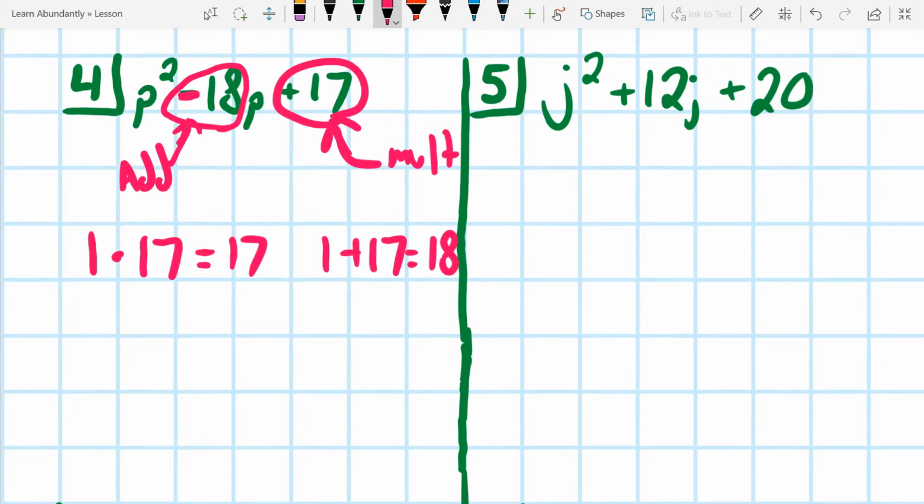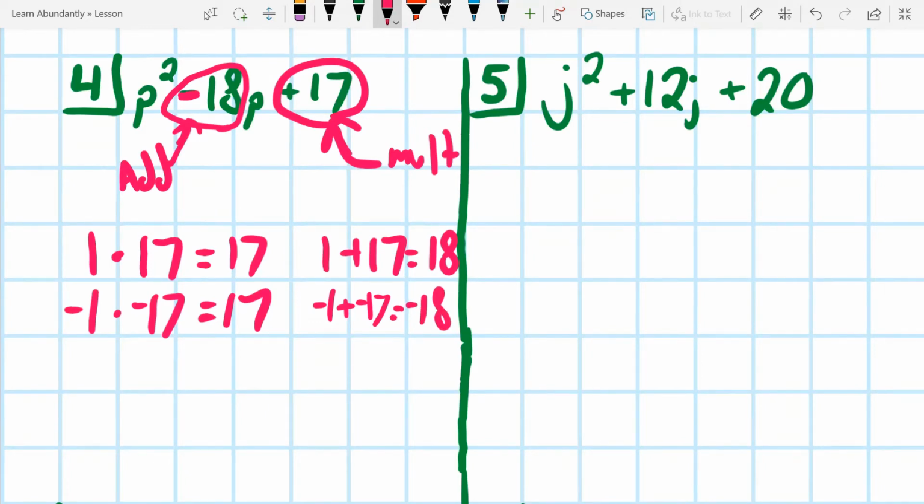So can we come up with any way we can end up with a negative 18? Well, if we do negative 1 times negative 17, we still get positive 17. So that still works for our constant. But when we do negative 1 plus negative 17, we end up with negative 18.